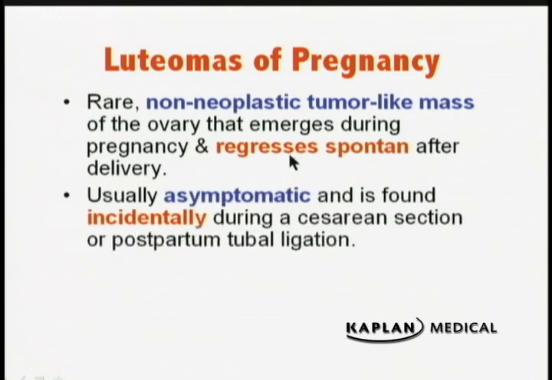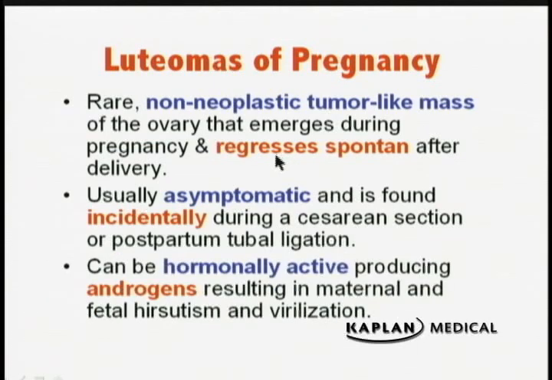They are bilateral, they're asymptomatic, they're found incidentally during a cesarean section, and they can be hormonally active, producing androgens, resulting, interestingly, in maternal and fetal hirsutism and virilization. So if you have a female fetus exposed to high levels of intrauterine androgens, you could have virilization.